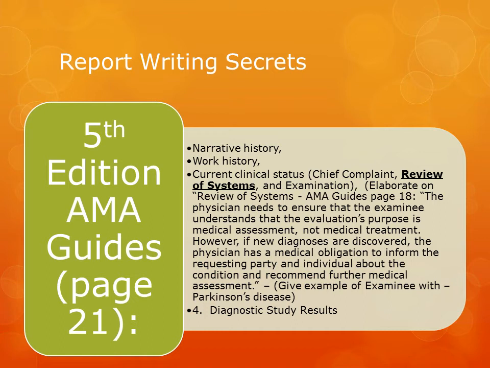Well, to make a long story short, we ran some studies, and I suspected he was developing Parkinson's disease. I didn't think that it was related to the industrial injury, but nonetheless, I notified him that I suspected Parkinson's disease. I put it in my report, and in order to make absolutely sure that it was not related to the industrial injury, I sent him out for a neurologic evaluation, which was covered under the industrial injury. And indeed, he was diagnosed with early Parkinson's disease, and he was then able to get treatment for it.